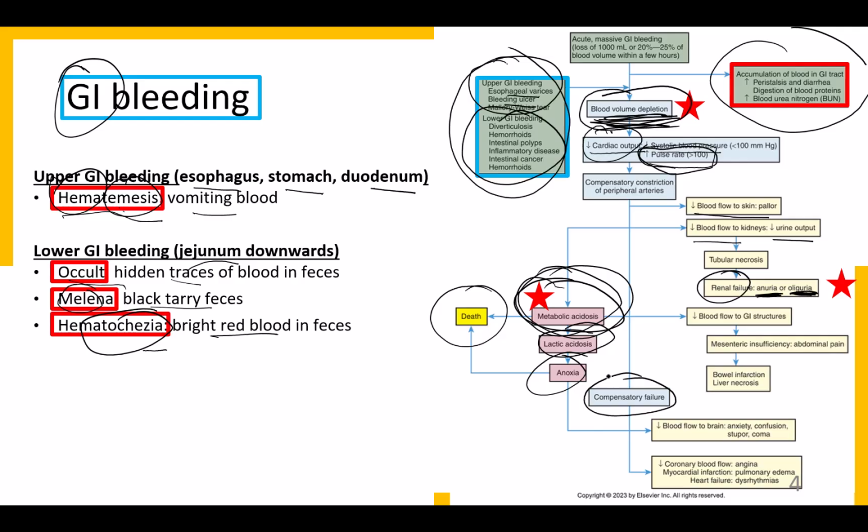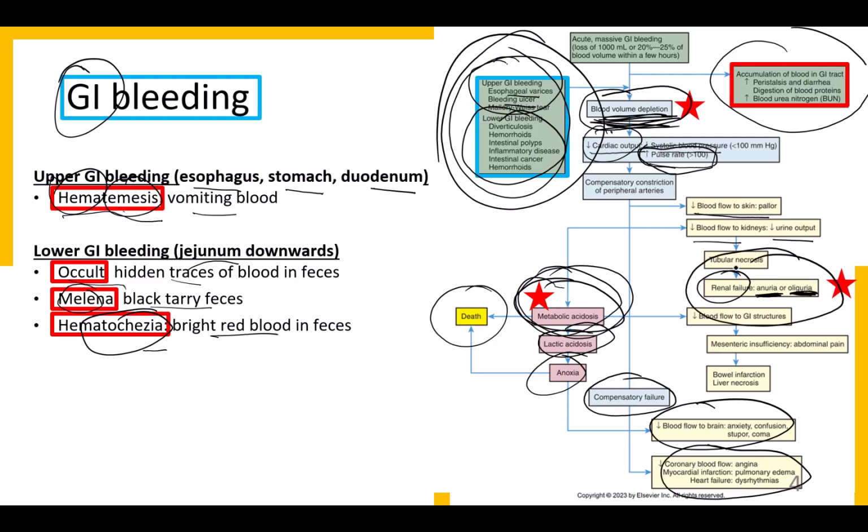So again, review the connection between this and the connection between a decrease in blood flow to the brain, because you can see that different parts of the body are connected. So over here, we talk about what started off in the gastrointestinal tract, ending up affecting the kidney, the heart, and the brain and blood flow throughout the body.